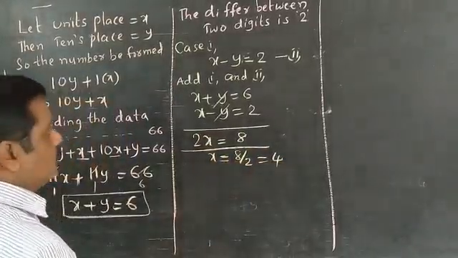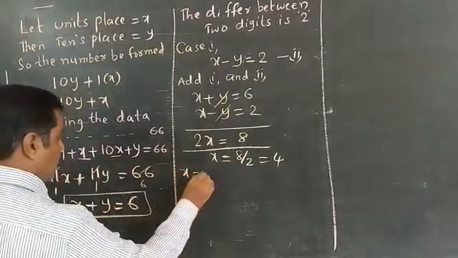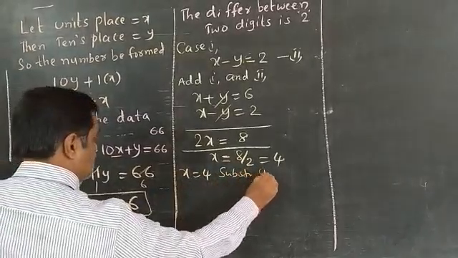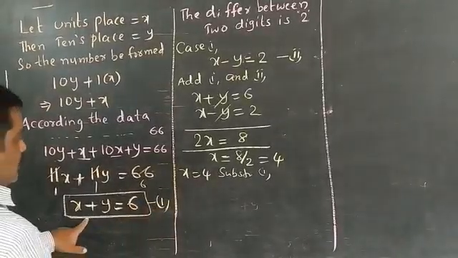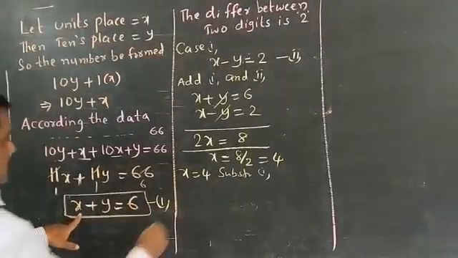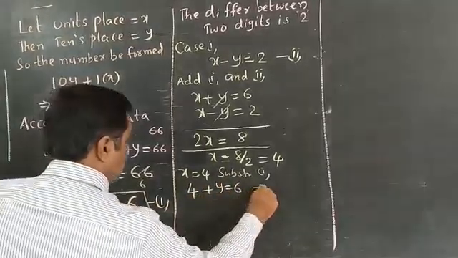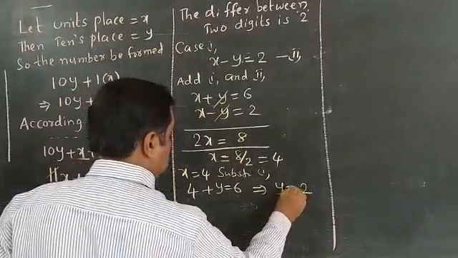We got the x value. Then how to get the y value? Substitute x is equal to 4 in equation 1. So 4 plus y is equal to 6. Then y is equal to 6 minus 4, that is 2.